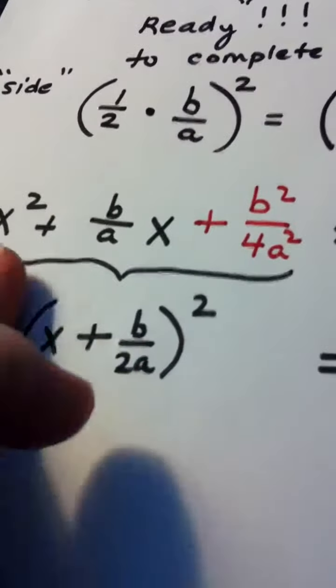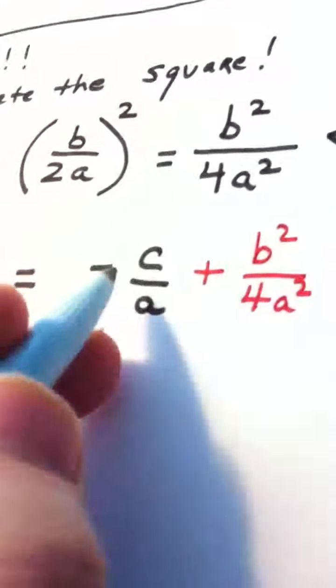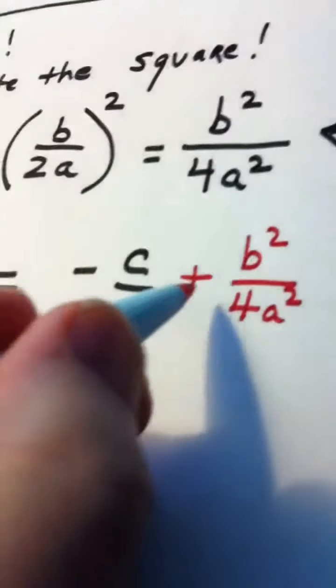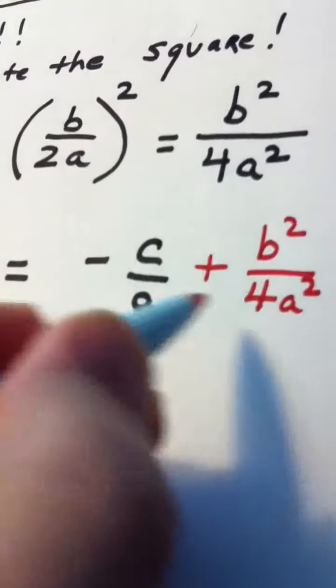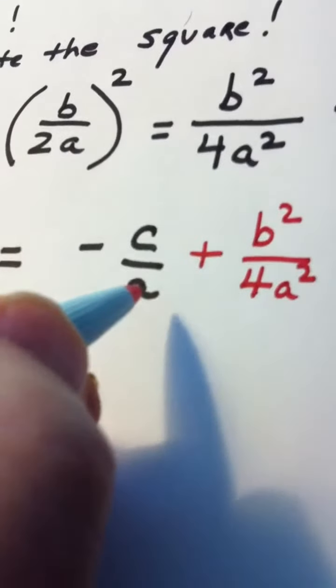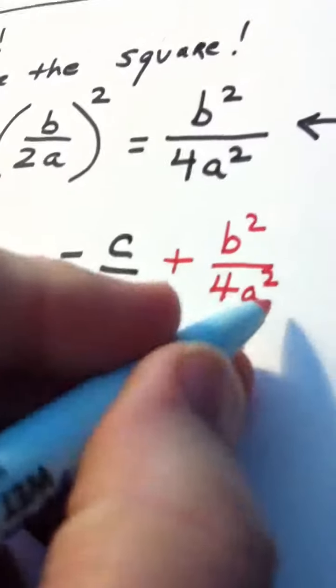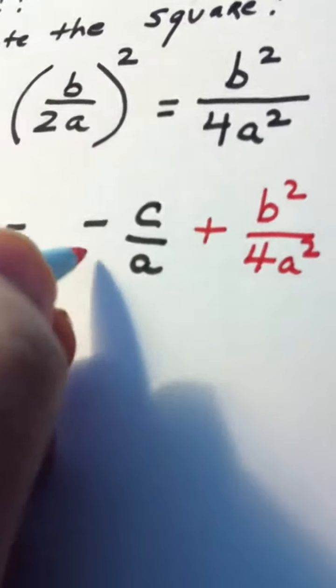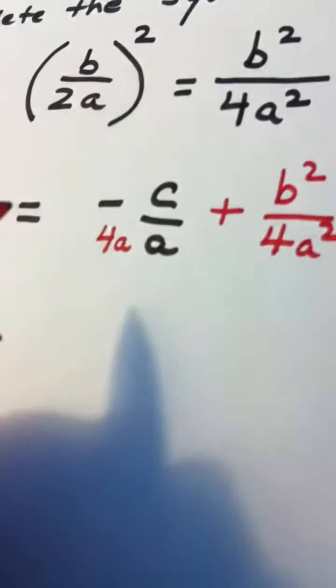But this is factored. And on this side of the equation, remember, to add two fractions together we need a common denominator. The common denominator here is going to be 4a squared. This, however, is missing a 4 and an a.